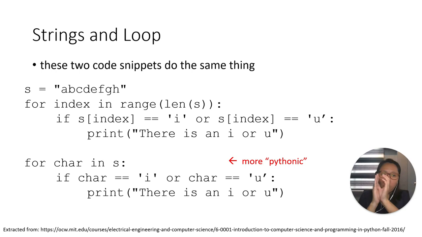So we get the first character, second character, third character, and so on. This method of going through the elements of a string is said to be more Pythonic, because this is one of the strengths of the for loop in Python. So they prefer this if you code in Python. But the other one is a more general way of going through every element in the string.